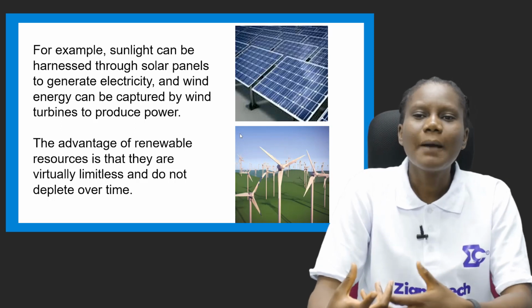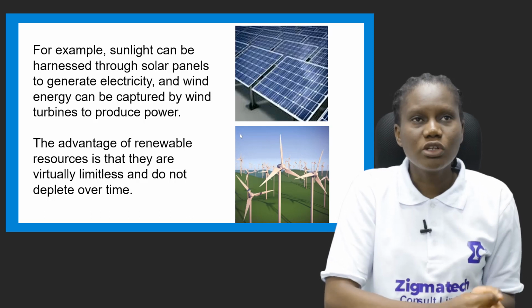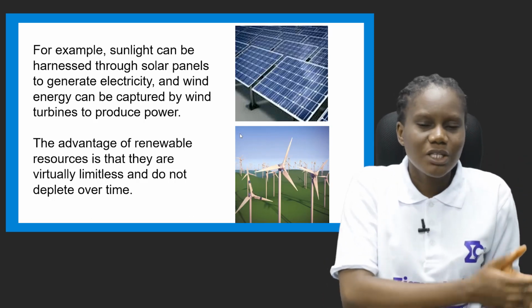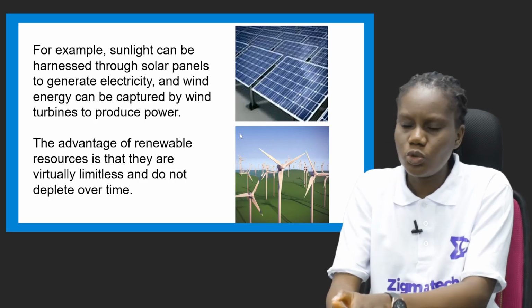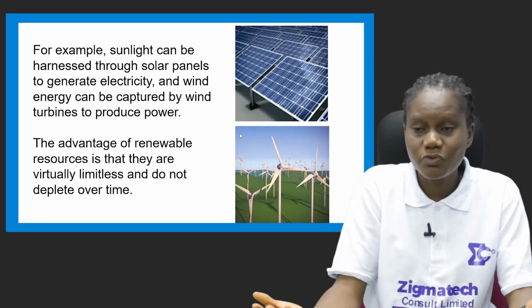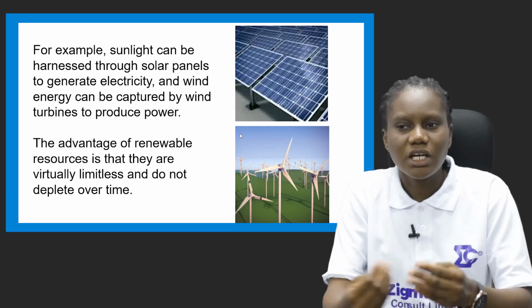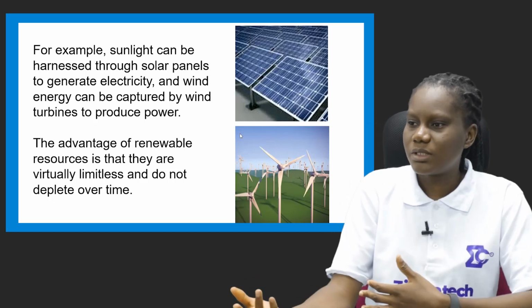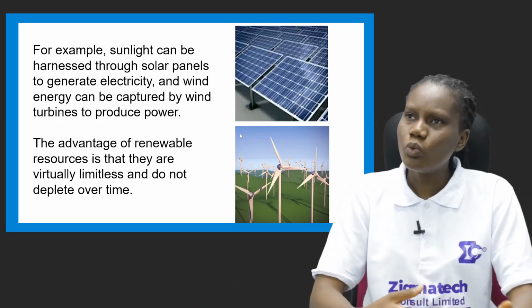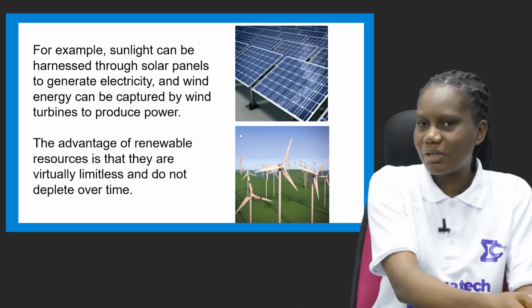They are called solar panels, and they help us harness the energy from sunlight to generate electricity. You might have gone to some houses that always have light, 24/7, every day, and you check the other houses, they are dark, they don't have light. You wonder what is happening here, why are these people having light and why are the other persons not having light?